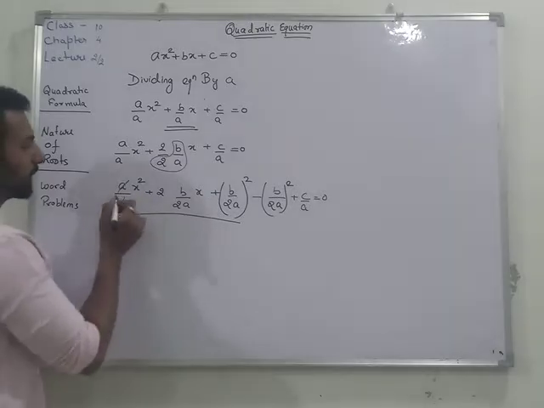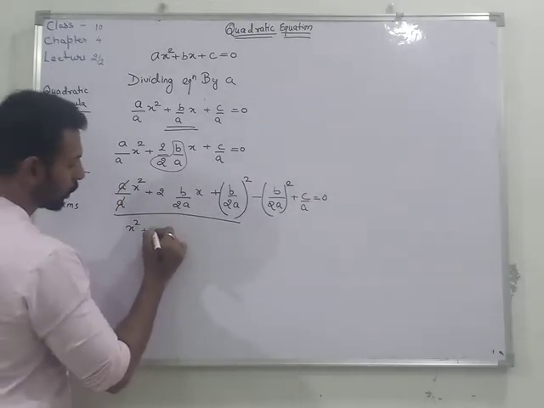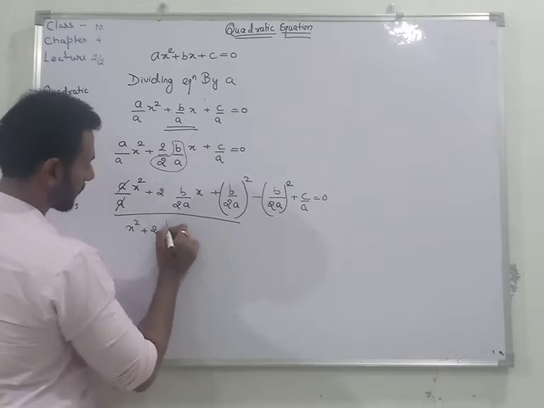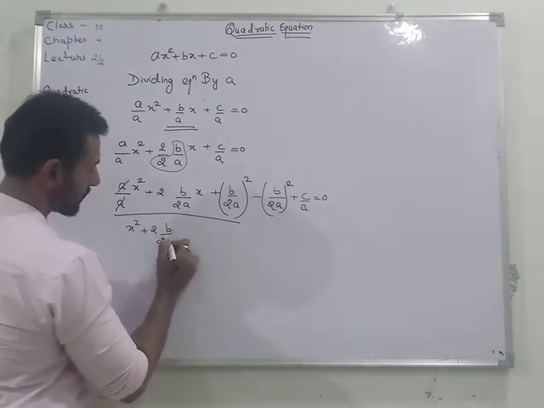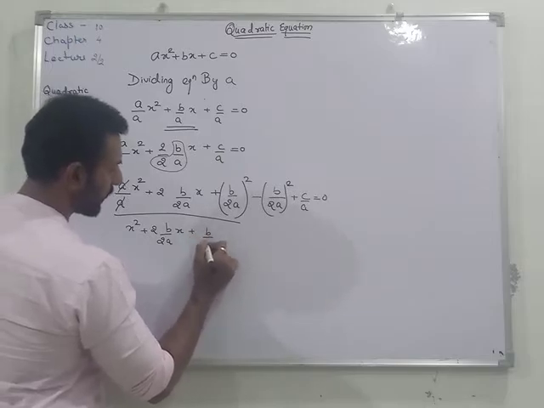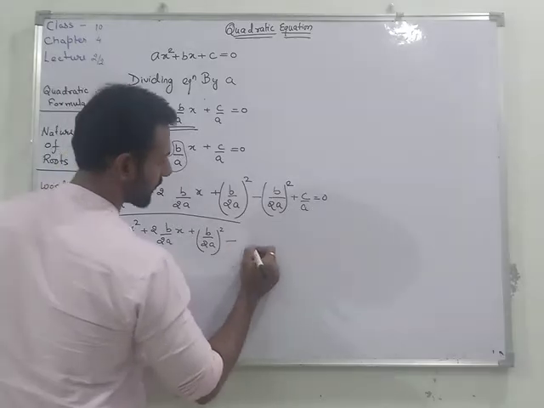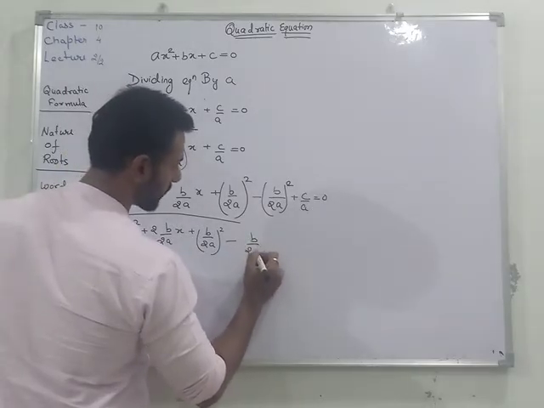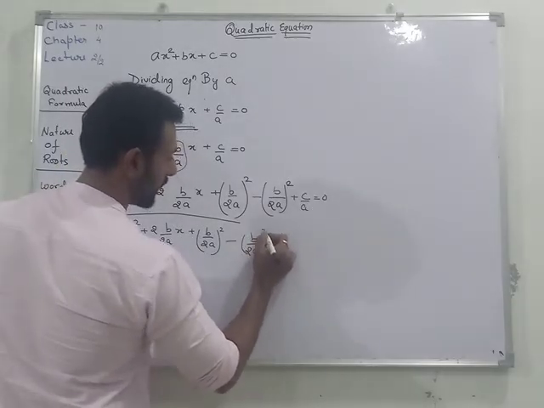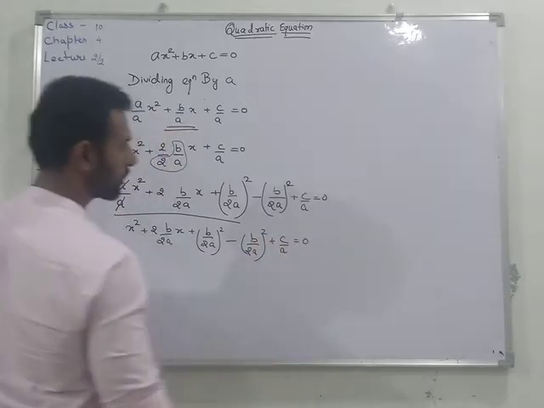Now a by a will be cancelled, so this will be x square plus 2 b by twice of a x plus b by twice of a whole square minus b by twice of a whole square plus c by a is equal to 0.